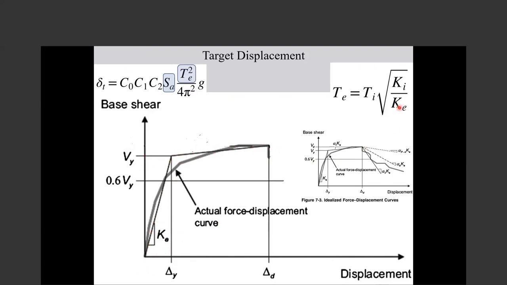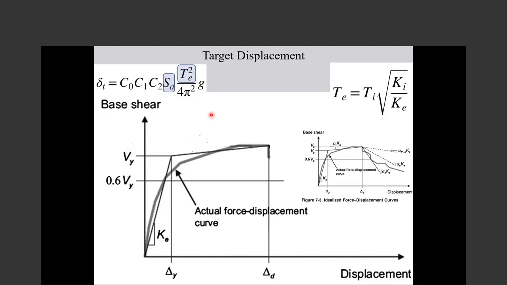The equivalent is here, then we have the T equivalent. So we have the T equivalent, we have the SA. So these inputs we assume that we have them.